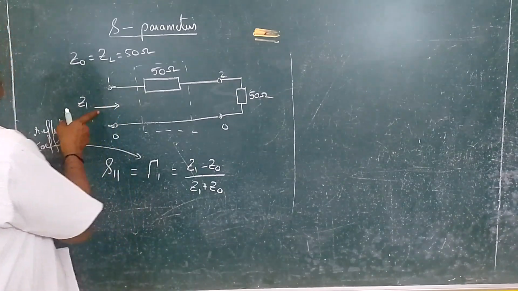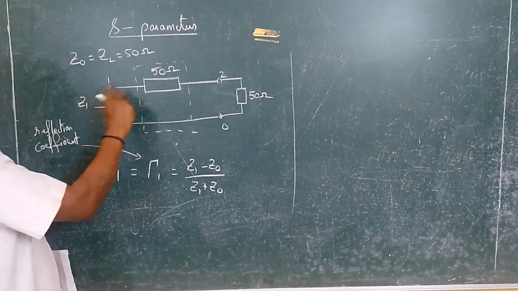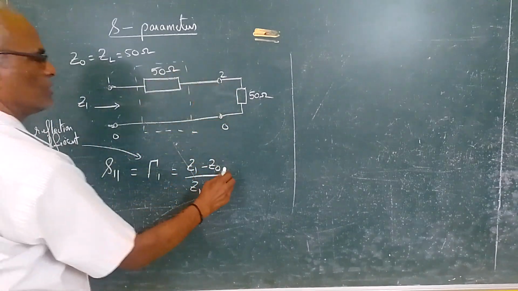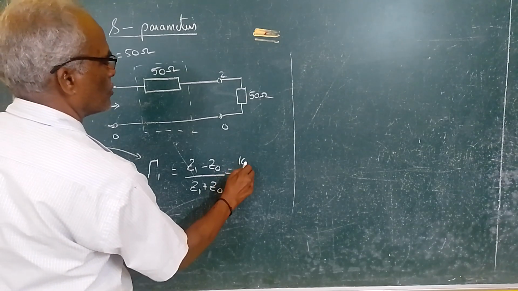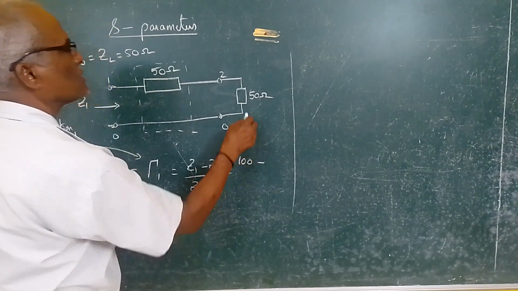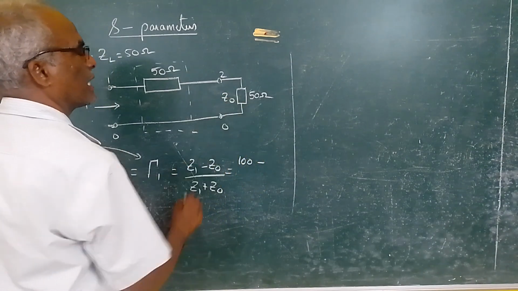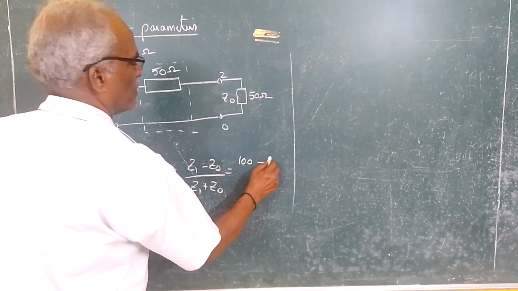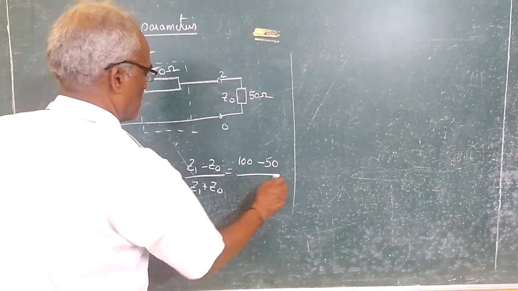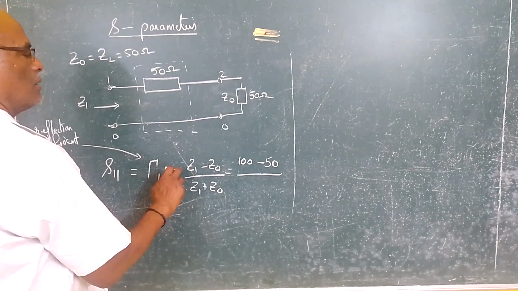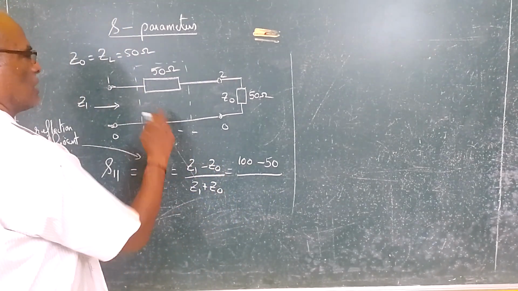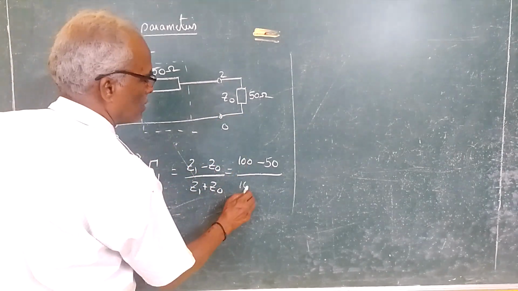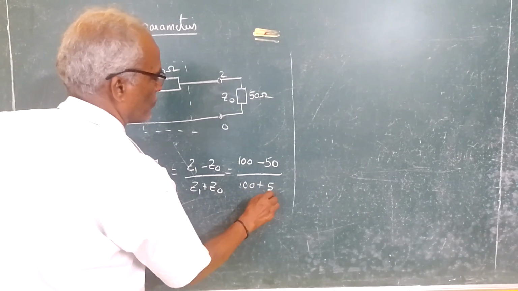Now what is Z1? Z1 is viewed from this terminal. So these two are in series. So this will give you 100 ohms minus Z0. This is Z0, the characteristic impedance, which is equal to the load impedance. This is 50 by Z1 plus Z0. So Z1 is, we know, 100 plus 50.